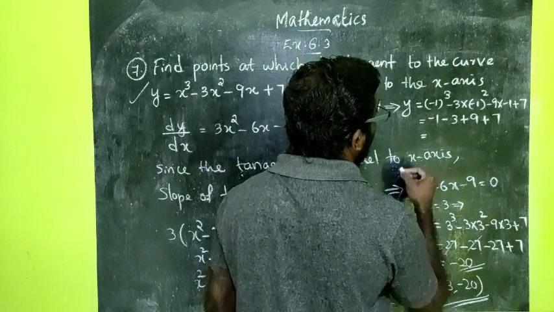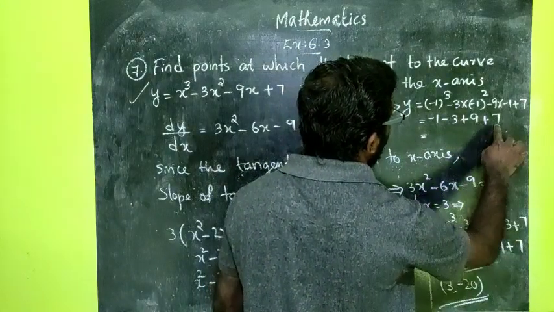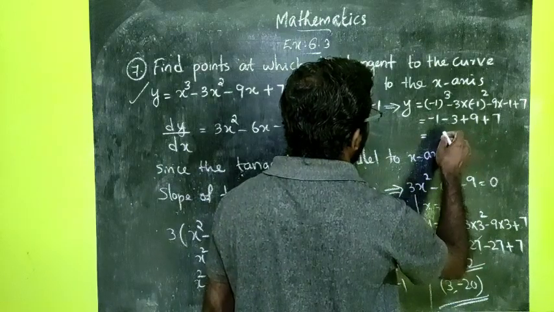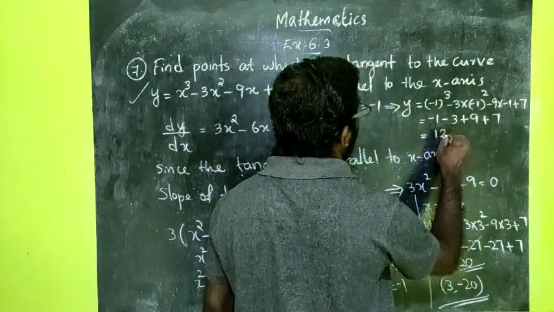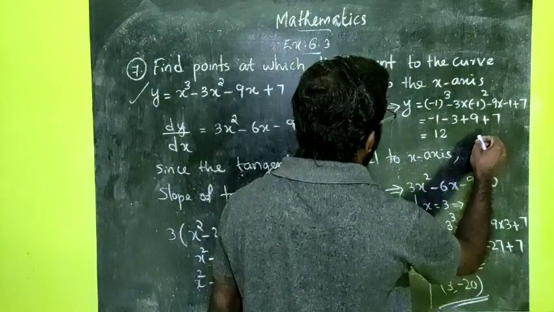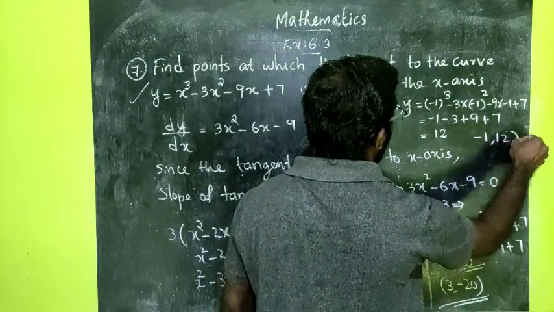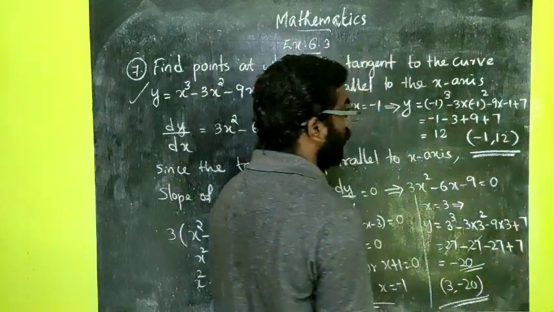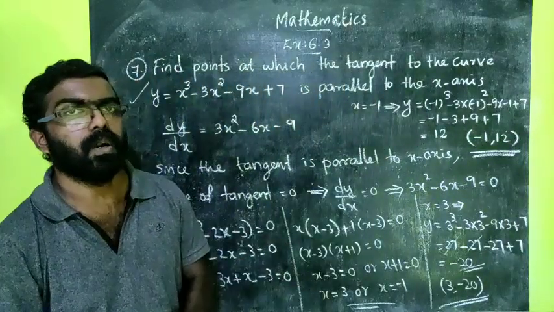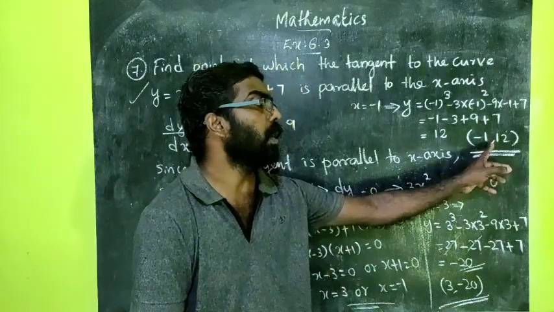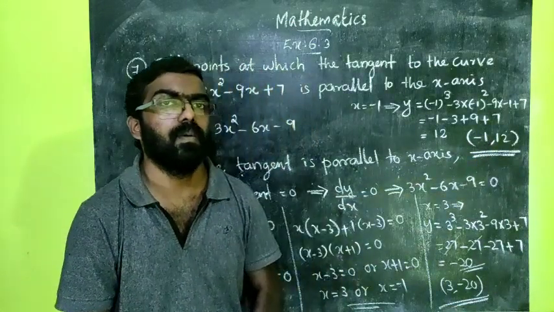Okay, which is equal to 9 plus 7 is 16. 16 minus 4 is 12. Okay, so here the point is minus 1 comma 12. So finally you can conclude, therefore the required points are 3 comma minus 20 and minus 1 comma 12. Okay.